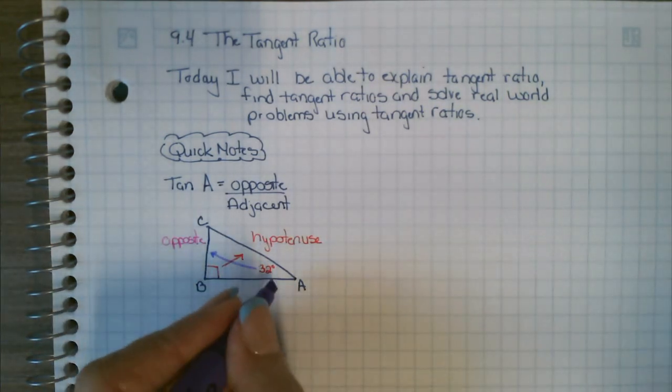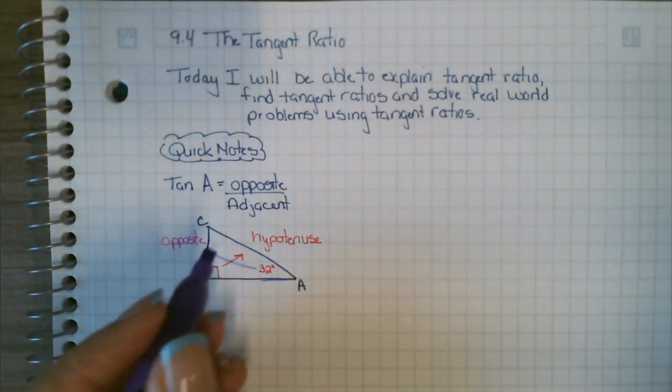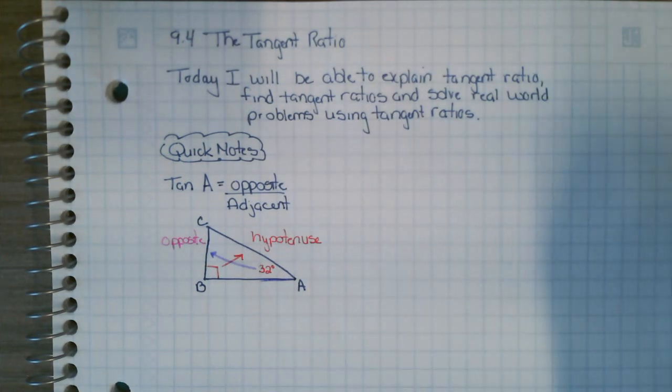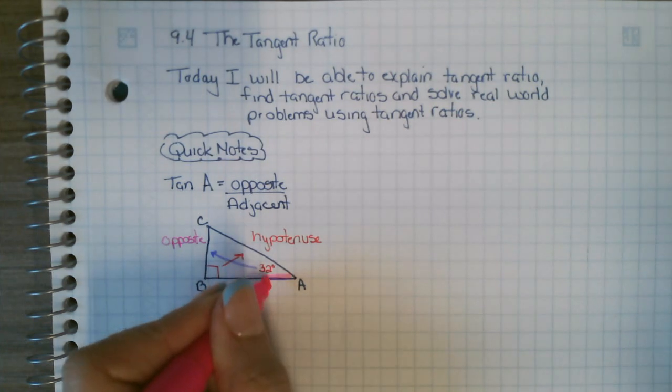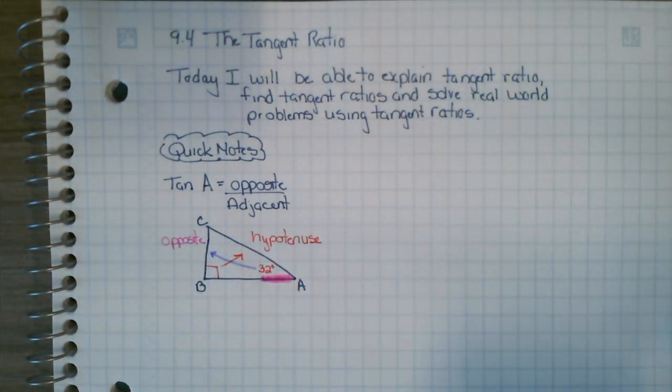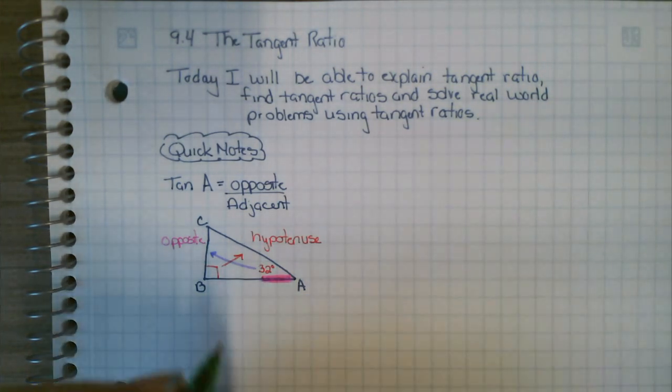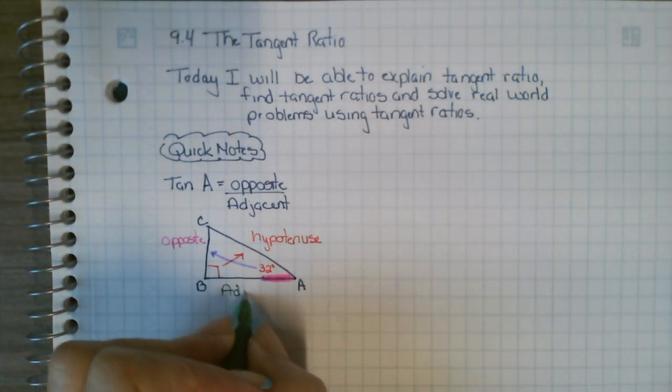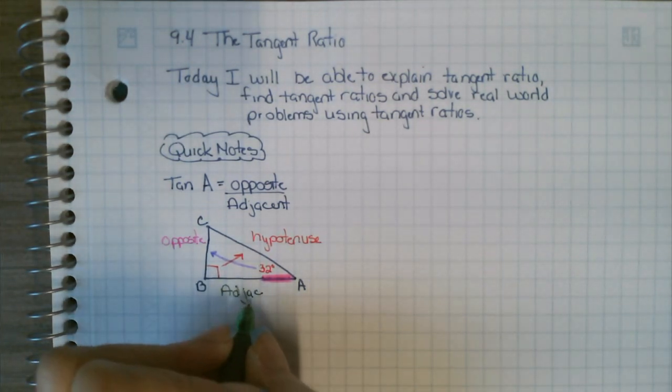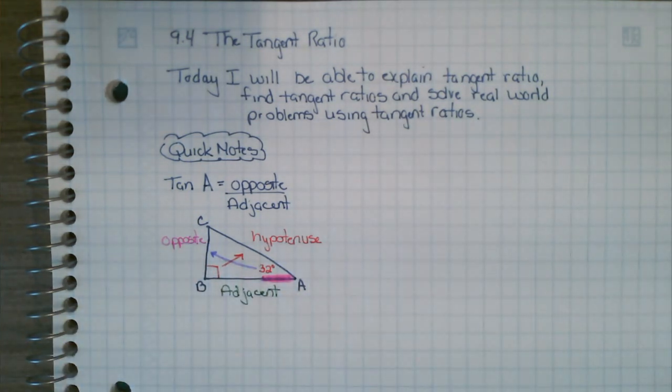And the one that touches, the one that is right next to that angle, is your adjacent. So this one is our adjacent. That's going to be very important in our notes today.